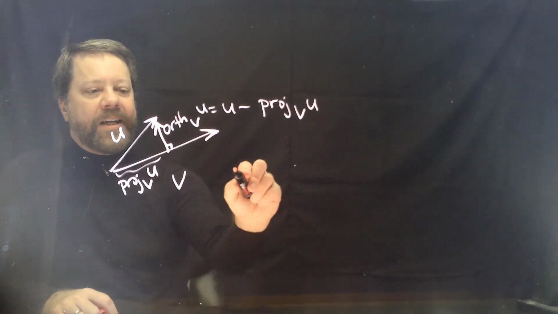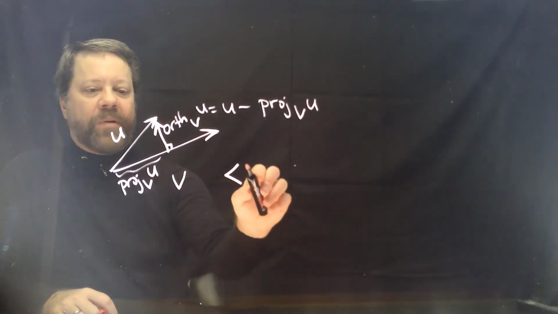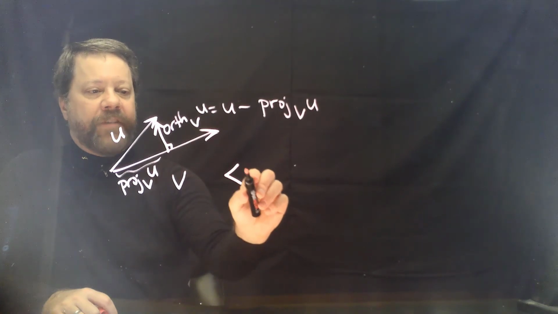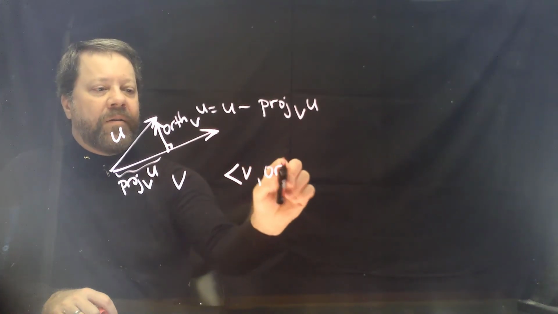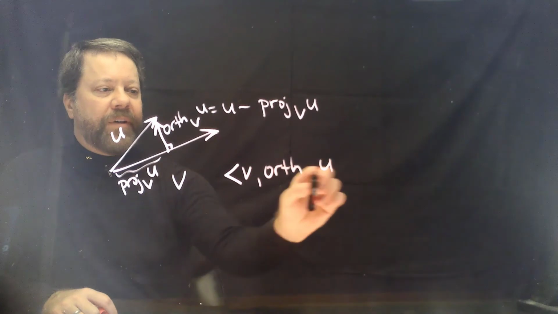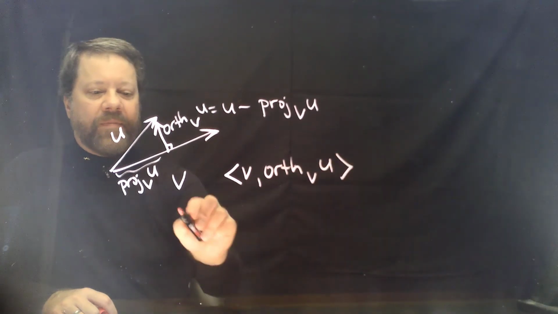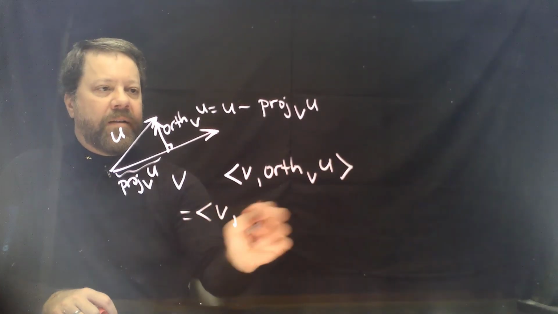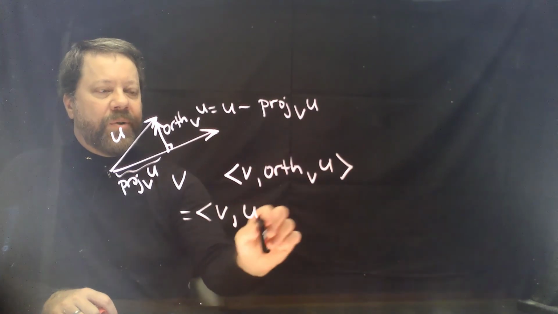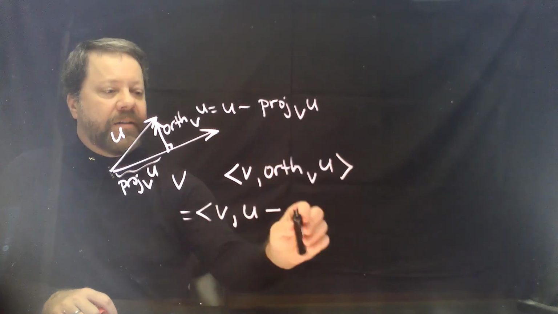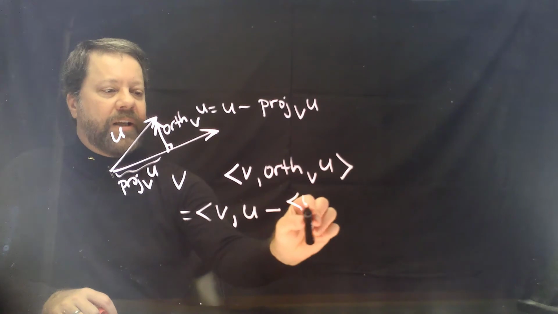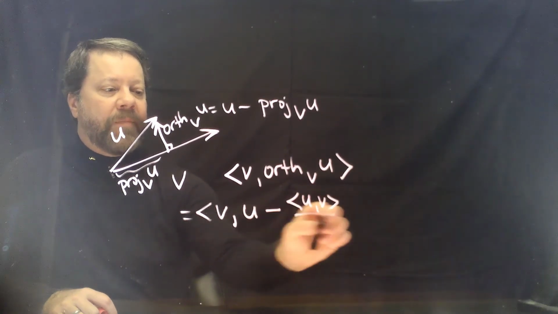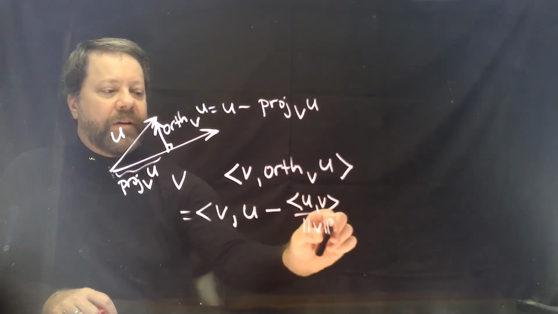And we can easily check that. We'll take the inner product of v with the orthogonal complement of u on v. The orthogonal complement was u minus this projection. The projection of u on v was the inner product of u with v over the norm of v squared, times v.